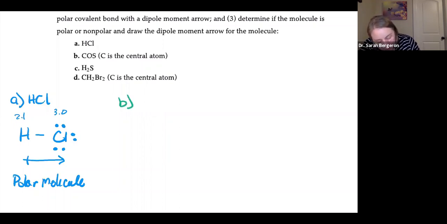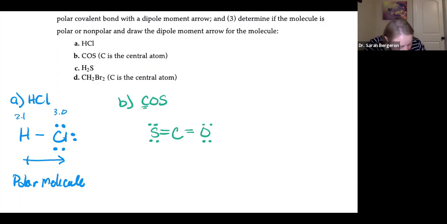Let's try B. COS. Carbon is going to be my central atom. And I'm just kind of told that. So I'm going to put carbon here. You can do needed, available, shared. I know how it's going to go, so I'm just going to add them in myself, right? Okay, now I need to go get my electronegativities. My carbon is 2.5, my oxygen is 3.5, and my sulfur is 2.5, right?